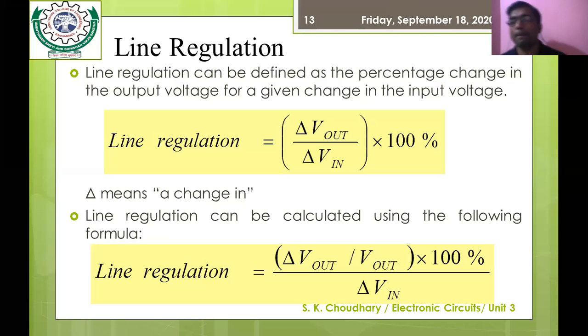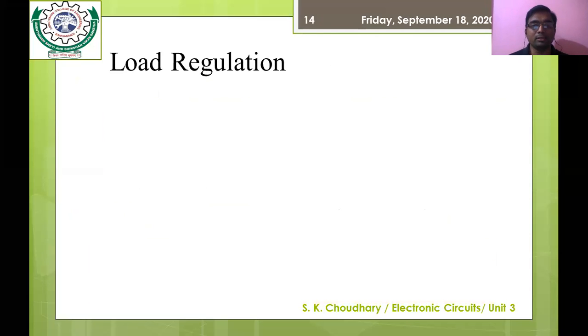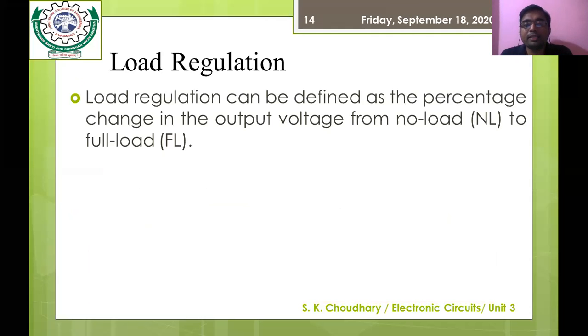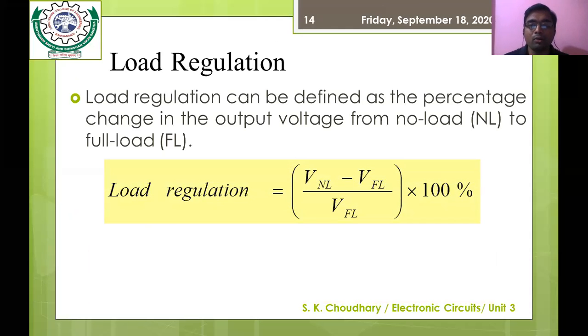Now the second one is load regulation. Load regulation can be defined as the percentage change in output voltage from no load to full load. No load to full load means, when you have not connected the load, what is the output voltage, and what change occurs in the output voltage when you connect the load. This is called load regulation.